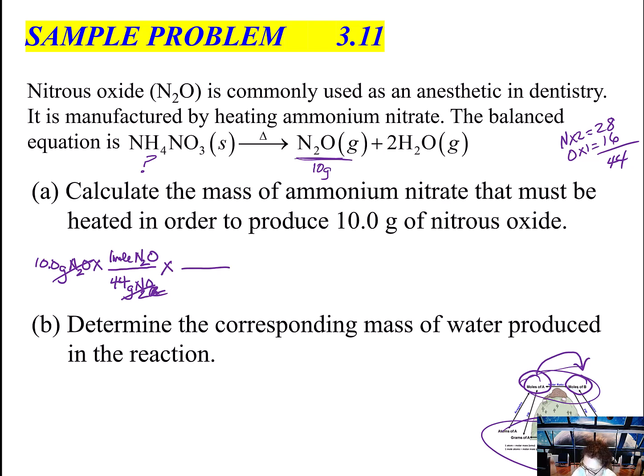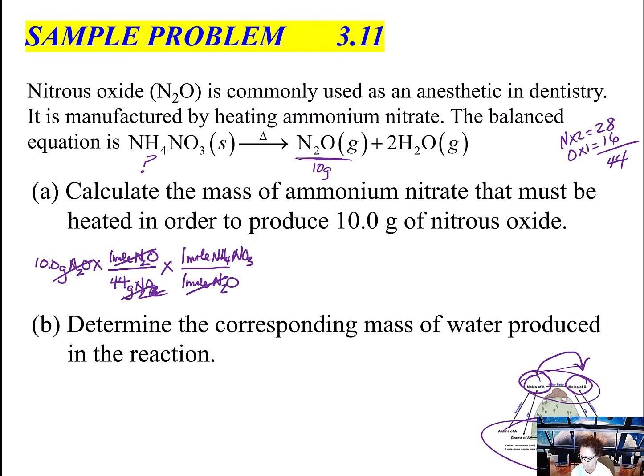So 1 mole of nitrous oxide reacts with 1 mole of ammonium nitrate. That got me from grams of nitrous oxide to moles of nitrous oxide, and now I'm at moles of ammonium nitrate.